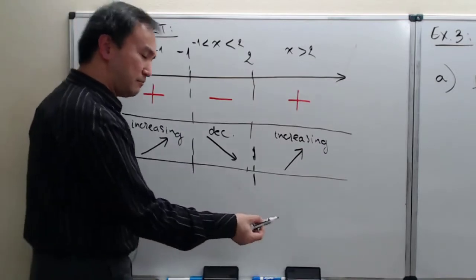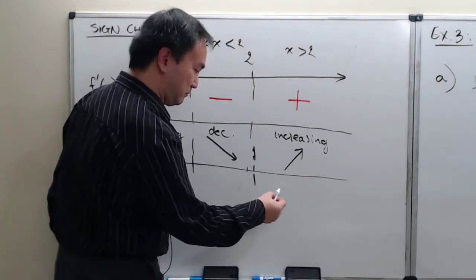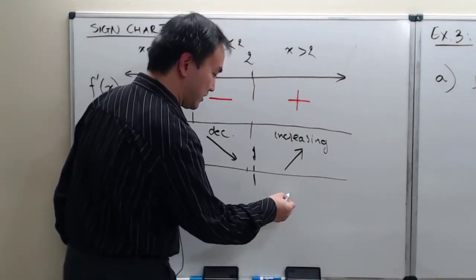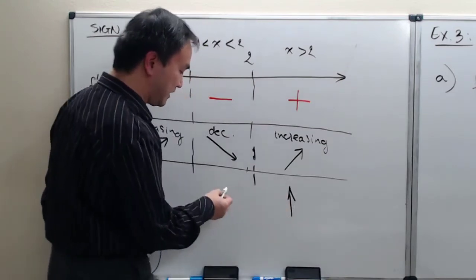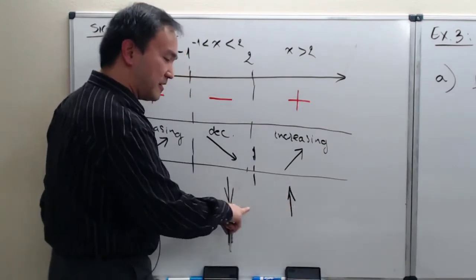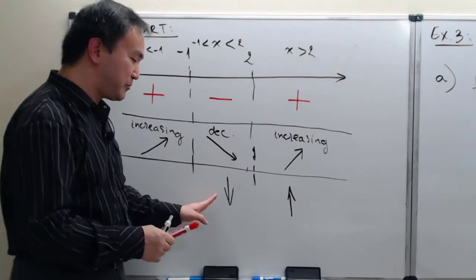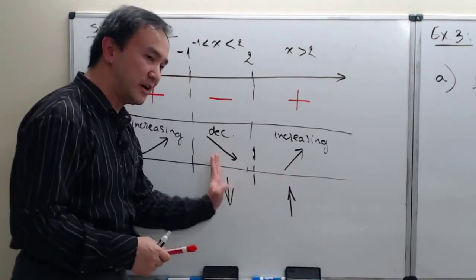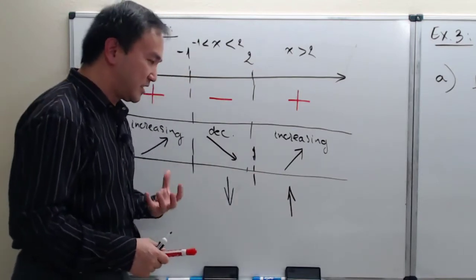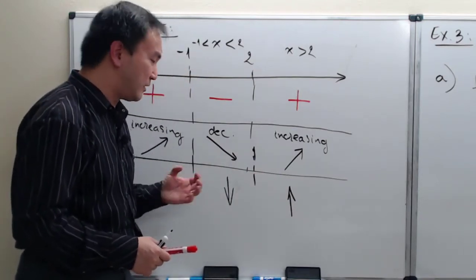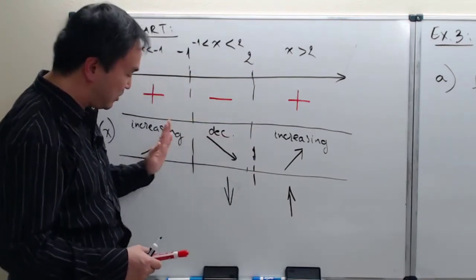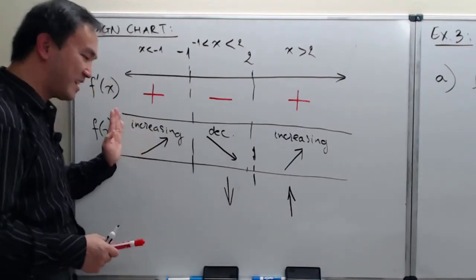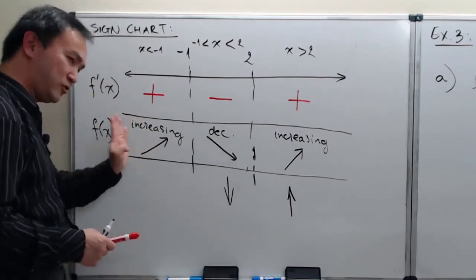I've seen some textbook authors or teachers explain increasing by drawing arrows like this, but I decided not to teach my students this way. If we draw an arrow that is just too vertical, the student will lose the sense of increasing or decreasing. Here I'm using slanted arrows to indicate that we always view things from the left to the right.